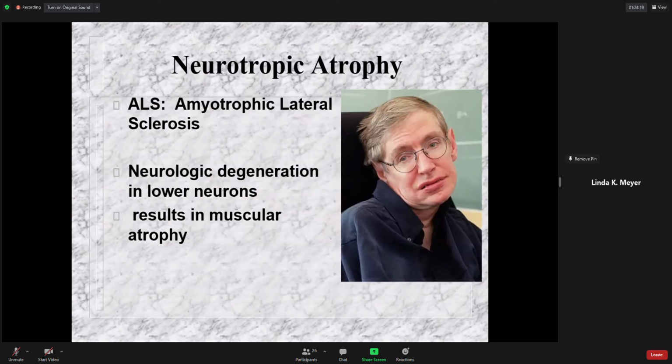ALS, here's where patients have degeneration in their neurons, and so they have atrophy. You may have heard of the famous scientist Stephen Hawking that recently died from this disease. He actually lived quite a long time with it, but again, this atrophy of muscles is related to loss of neurologic stimulation.